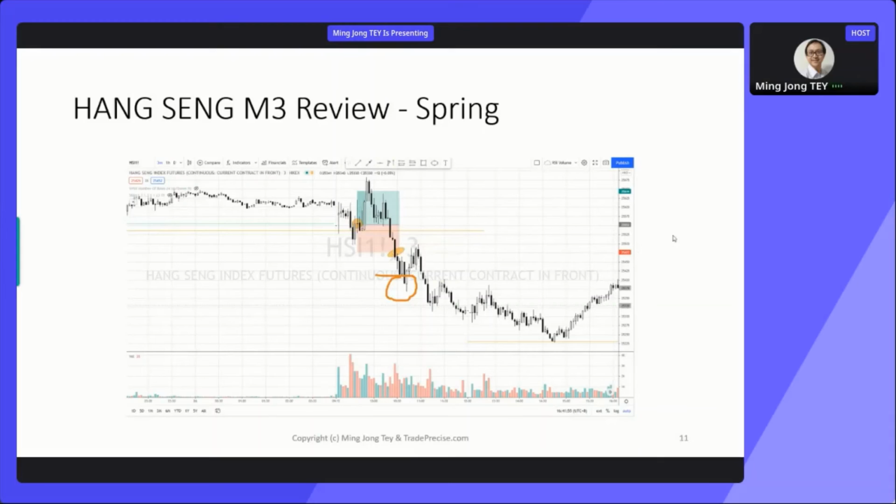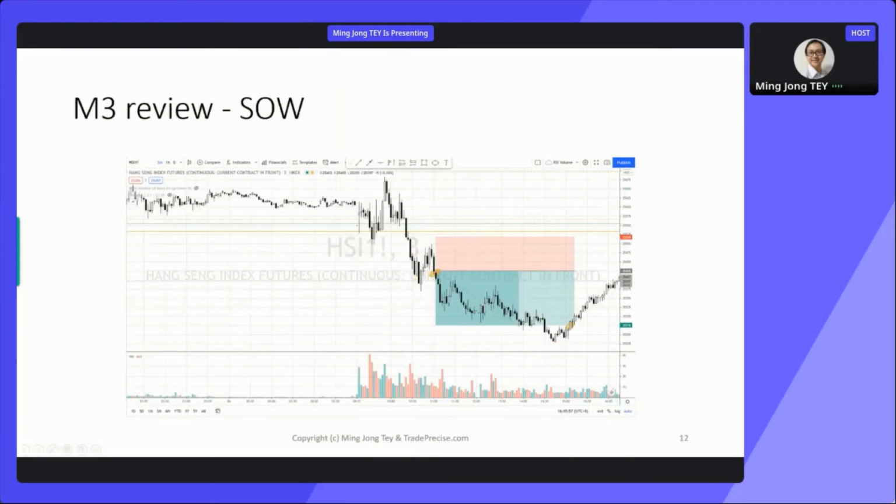Subsequently I got an entry here, based on this sign of weakness. So after I got stopped out, I switched my bias from a spring to a sign of weakness, an inability to rally up. In fact, you can see it tested the previous support, now turned resistance level.